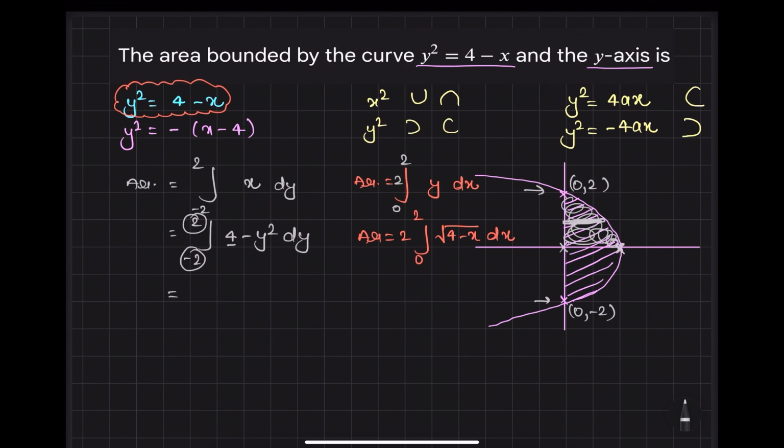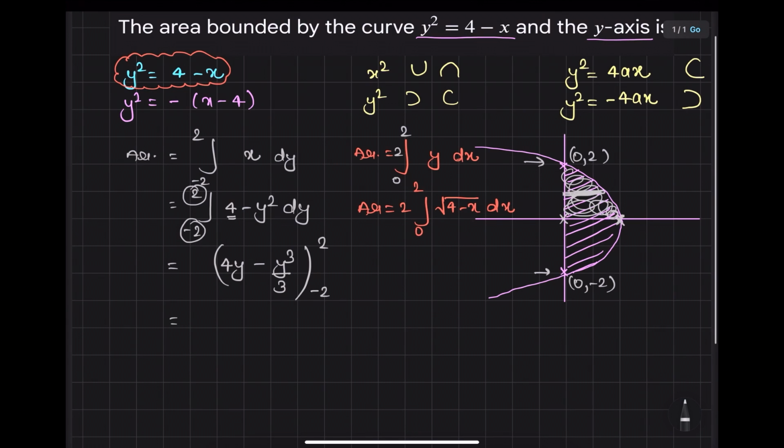So what is the integration of a constant number 4? It is 4y. What is the integration of y square? It is y cube by 3. And then you have to apply the limits, 2 to -2. Now let's substitute the values.